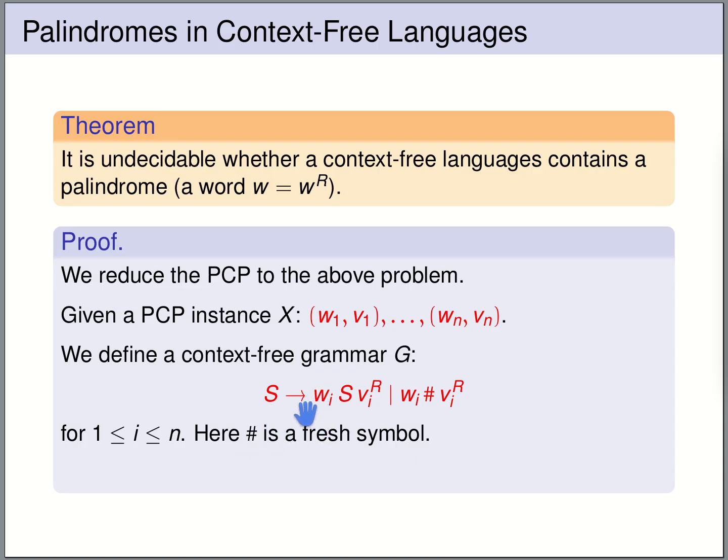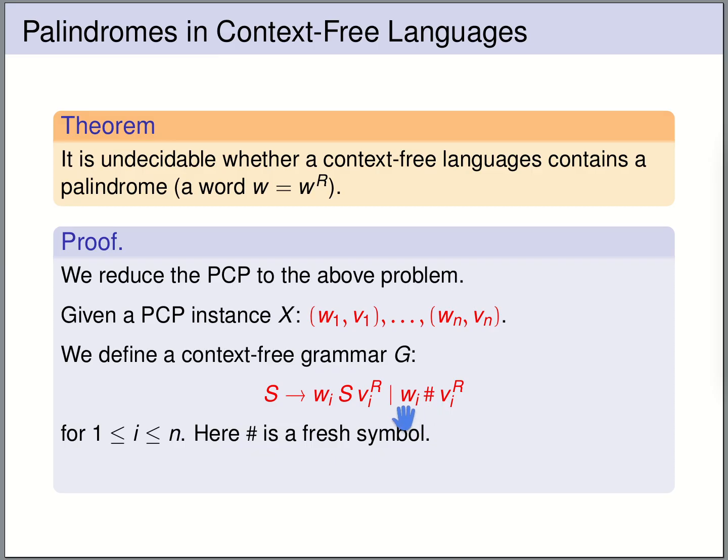So by applying instances of these rules, we concatenate wi's on the left, and at the same time we concatenate vi's in reverse on the right. We finish by putting a hash in the middle, and now when is such a generated word equal to its own reverse, so when is it a palindrome?